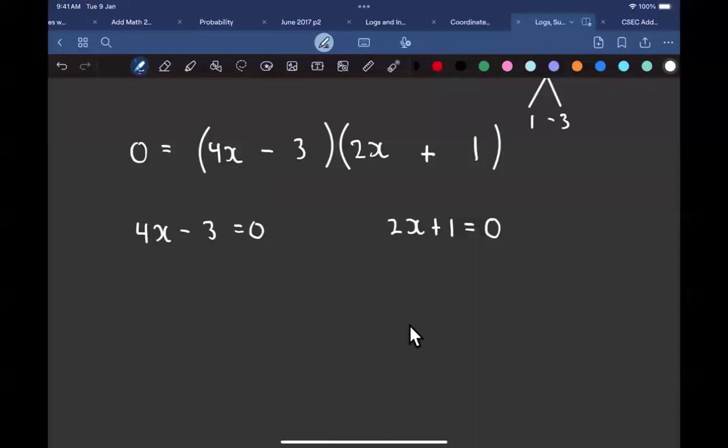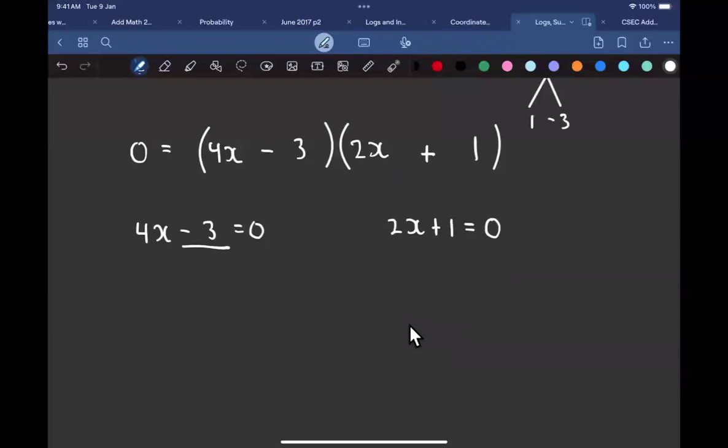So, Kira, general rule of thumb: if you're trying to find something, you leave that unknown on one side, and you move across all the numbers to the other side. We're trying to find x. Does this have x in it? Yeah, so you leave it over there. Does this have x in it?